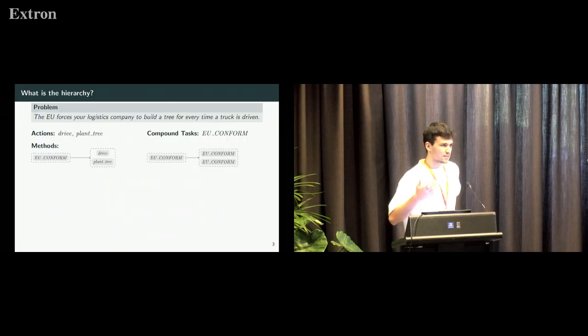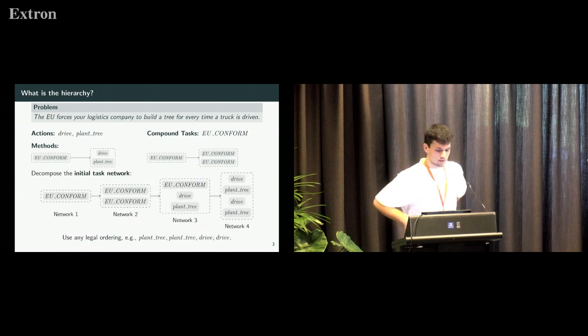And to describe what being EU conform means, we describe this with methods which basically tell us we can either drive a truck and plant a tree at the same time or keep on doing multiple EU conform tasks. So to then figure out what this pattern looks like, we start with one initial task, which could be our EU conform task, and then we can apply methods like we want until we have only actions in our task network.